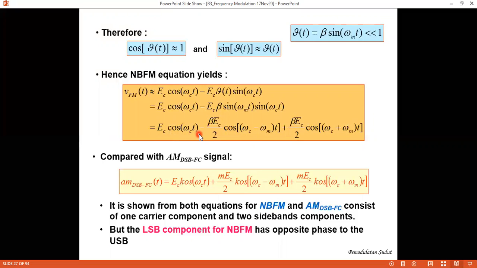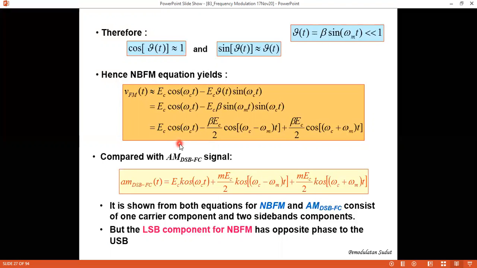Okay, so it's Ec cos omega c t minus beta Ec over 2 cos (omega c minus omega m)t plus beta Ec over 2 cos (omega c plus omega m)t. So this is how we derive the equation for narrowband FM.